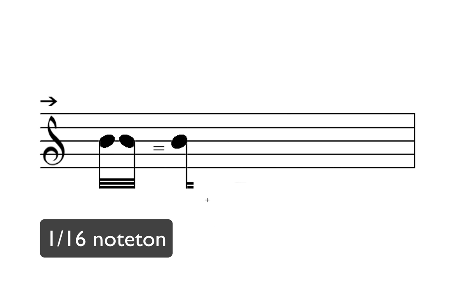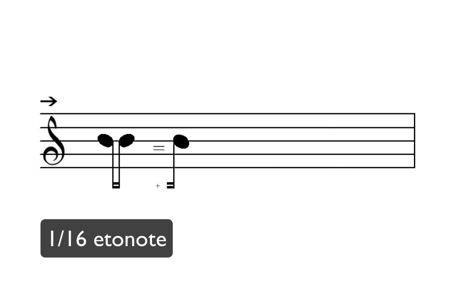We see now two bars on the stem, and a 1/16 noted tone consists of first a 1/32 note and then the same time value for the E-tone in direct succession. The same for the 1/16 E-tone note, we see two little bars attached at the stem in the left direction.